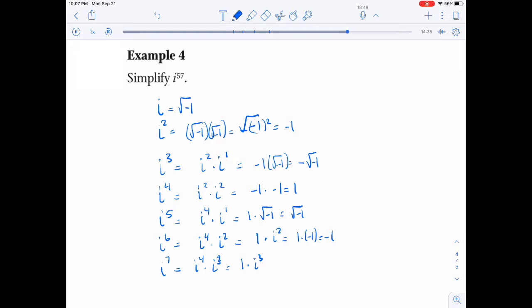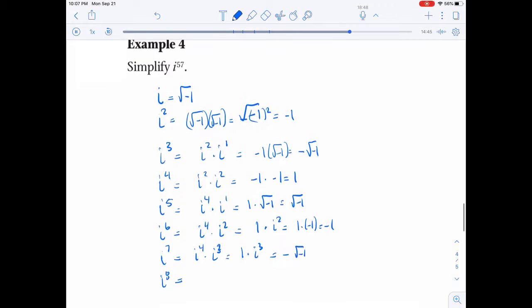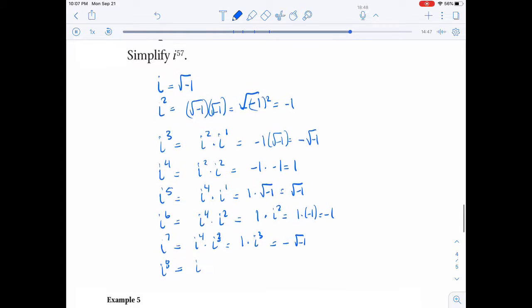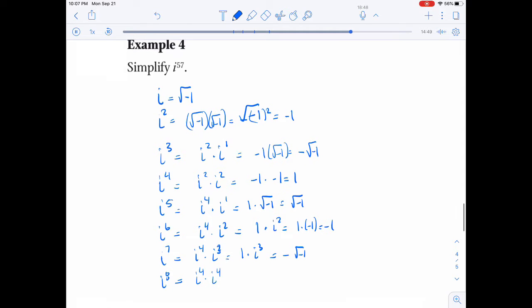So i to the seventh is really equal to i cubed, and i cubed was equal to the negative square root of a negative 1. i to the eighth would be equivalent to i to the fourth multiplied by i to the fourth, which is the same as 1 multiplied by i to the fourth. i to the ninth is i to the fourth multiplied by i to the fourth multiplied by i. So i to the ninth is just equal to i, which is the square root of a negative 1.